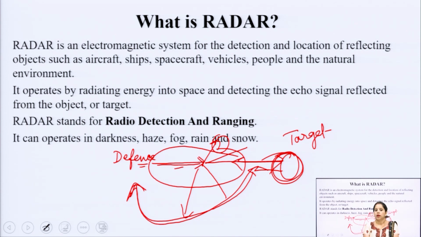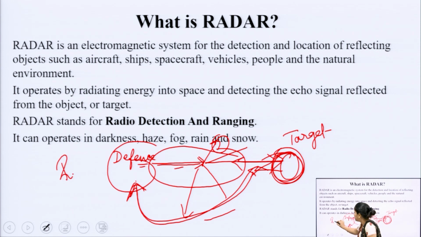Now radar is an electromagnetic system for the detection and location of reflecting objects such as aircraft, ship, spacecraft, vehicle, people and the natural environment. What does it mean? This radar is based on the electromagnetic wave system, and it is used for the detection and location of the reflecting object, because if this is a target, the signal goes on to this target, and when this signal is reflected, it is taken by the radar for detecting the target.